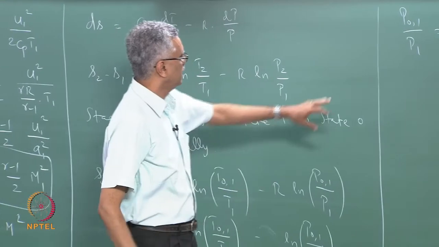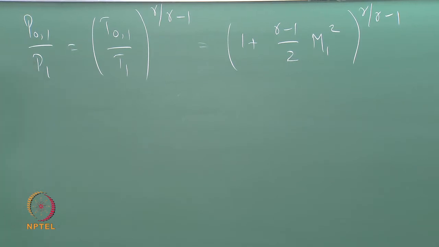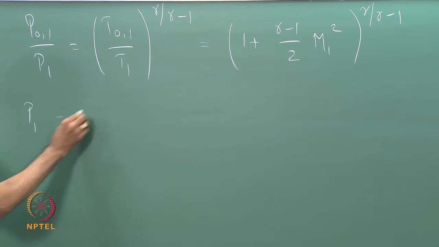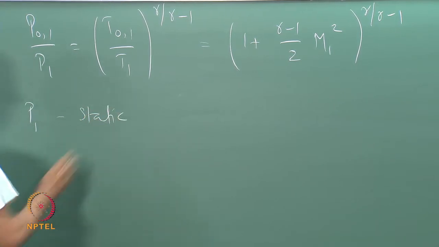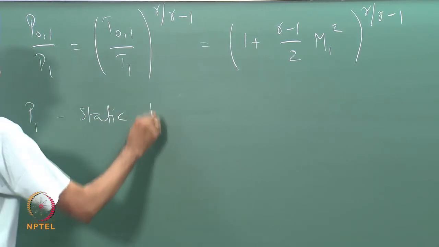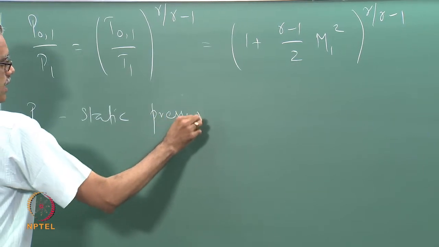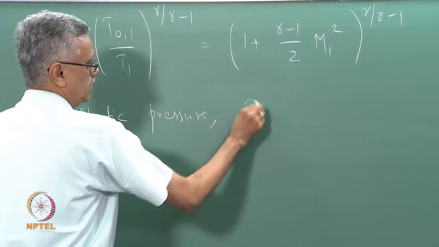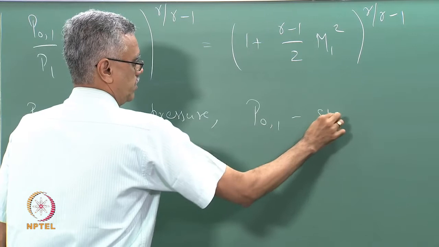So given the static pressure P1, we can calculate the stagnation pressure using this relationship. Notice that this is the static pressure. Now we will again explicitly state static and stagnation pressure: P1 is the static pressure and P01 is the stagnation pressure.